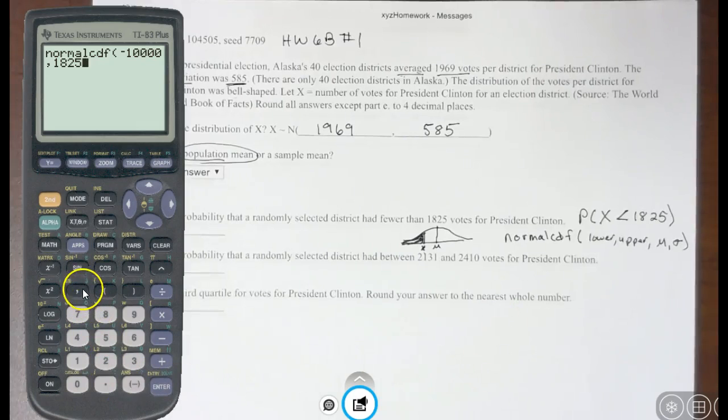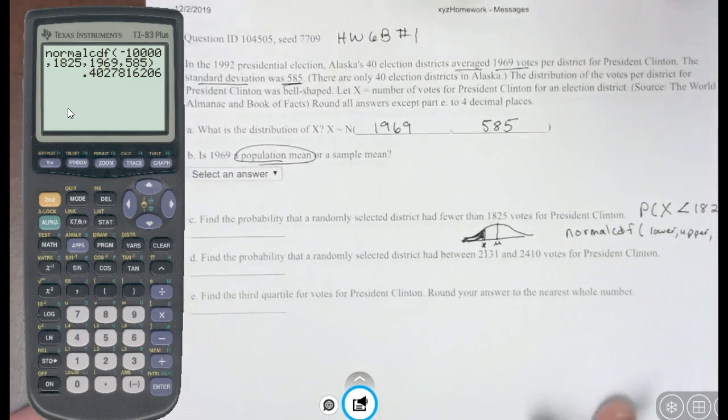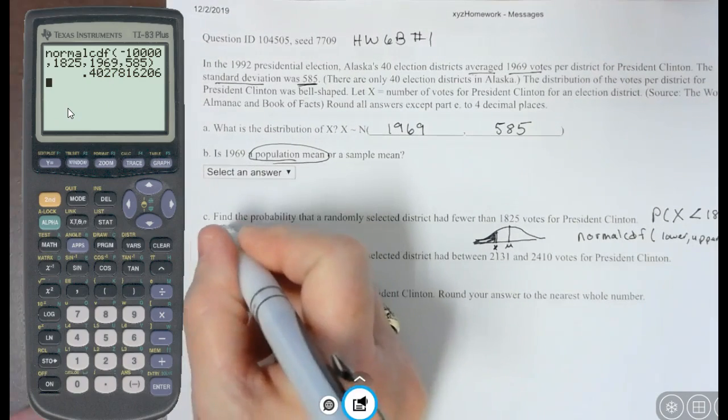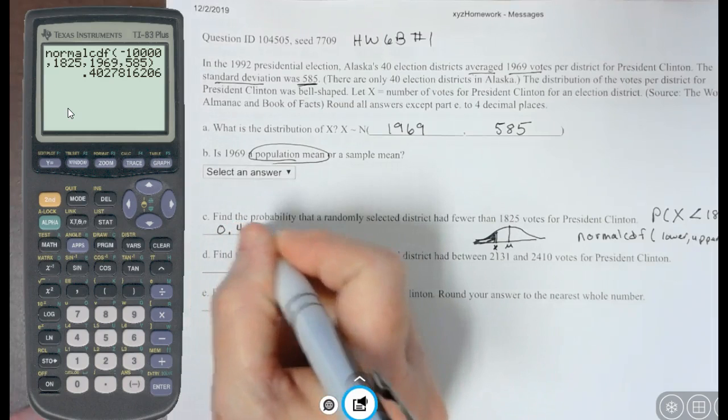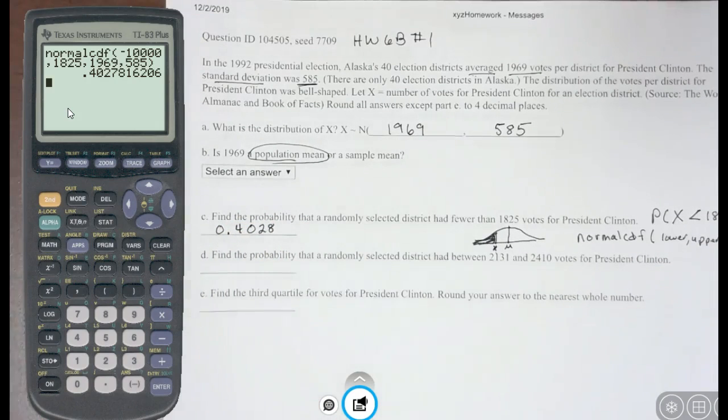So, comma. And then my mean, which was given to us, 1969, comma, 585, and then close the parenthesis and enter, and I get 0.4028. So rounded to 4 decimal places, my answer for this is approximately 0.4028.